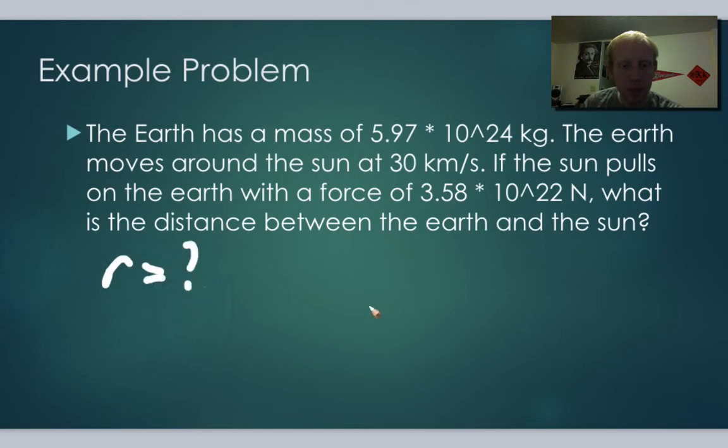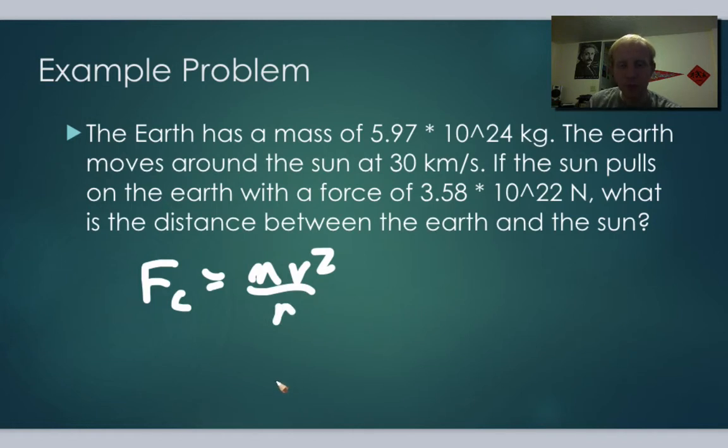So before we do anything, let's resolve that equation for r. Instead of having Fc equals mv squared over r, let's move the r over here. So we get Fc times r equals mv squared.